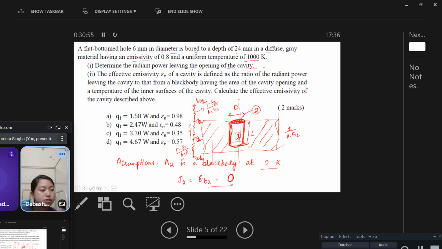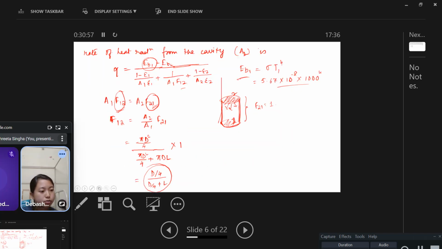So D is 6 millimeter and L is 24 millimeter. So this is F12.